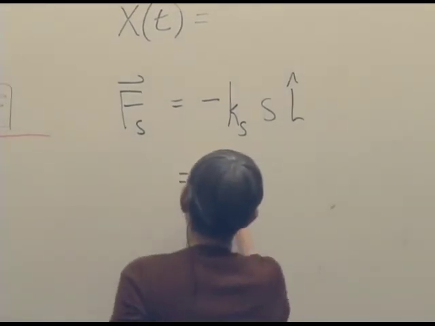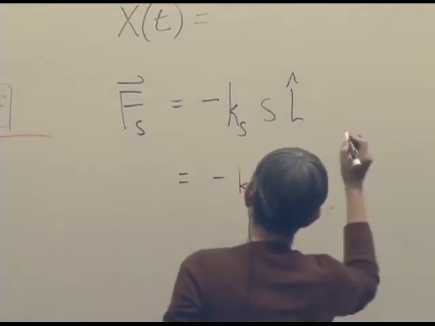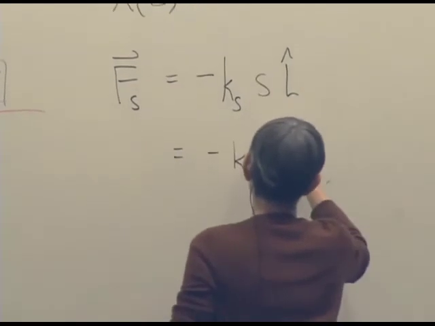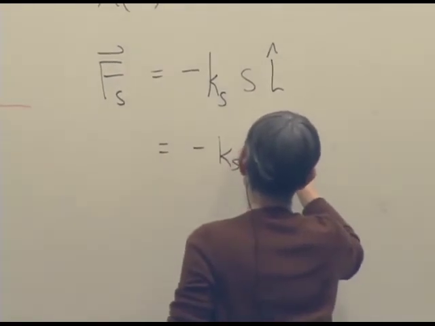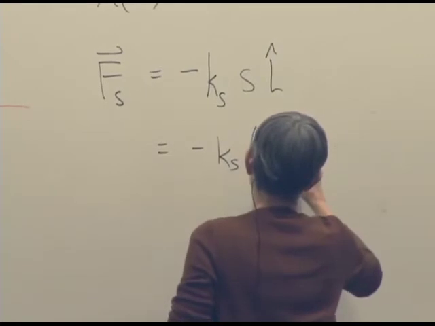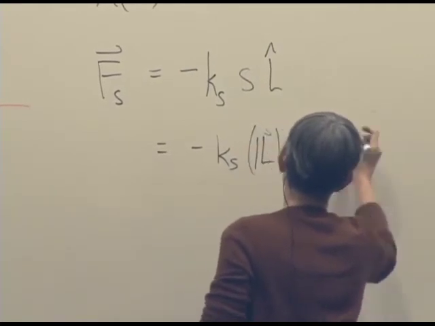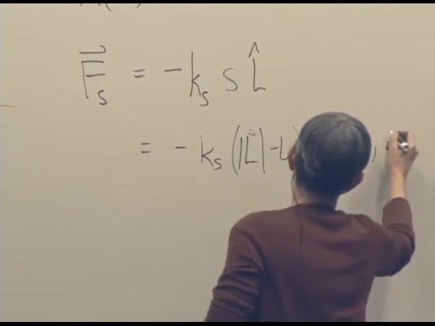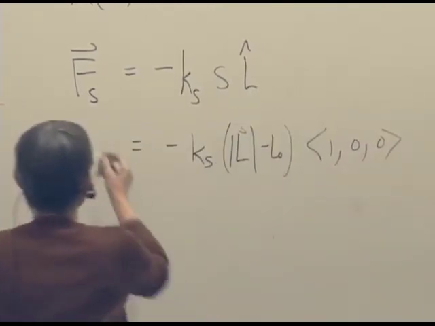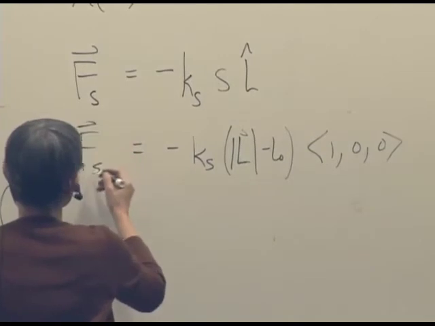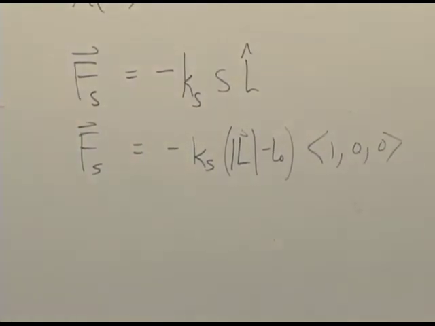So it's going to be equal to minus k_s times the stretch, which is going to be the magnitude of L minus L0, times <1,0,0>. So we're only getting action from the spring in the x direction.